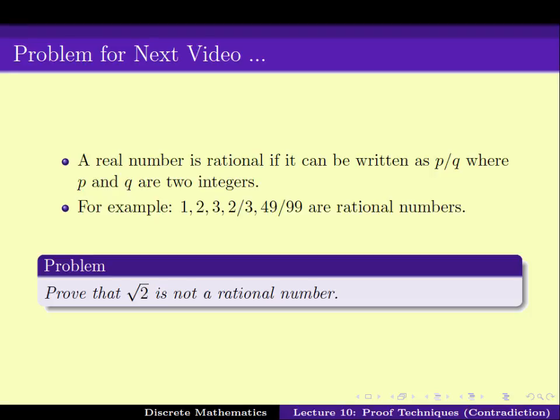A real number is rational if it can be written as a ratio of two integers. So if a number can be written as p by q, where p and q are integers, then we say it's a rational number. Namely 1, 2, 3 can all be written as 1 by 1, 2 by 1, 3 by 1, and there are 2 by 3, 49 by 99, and so on.